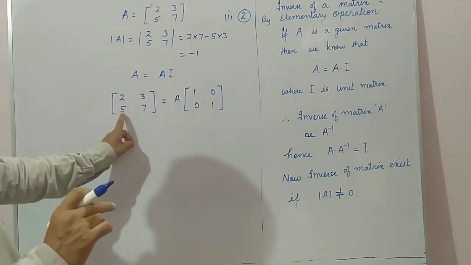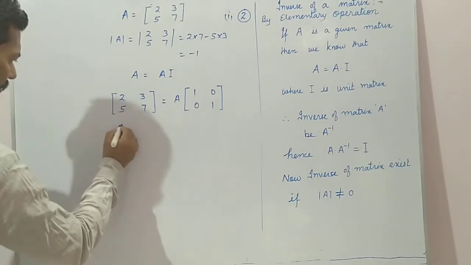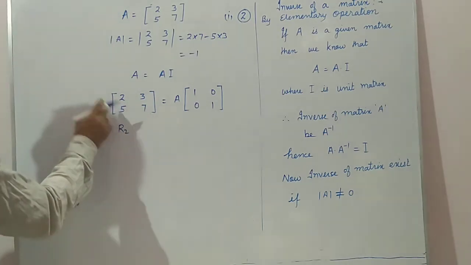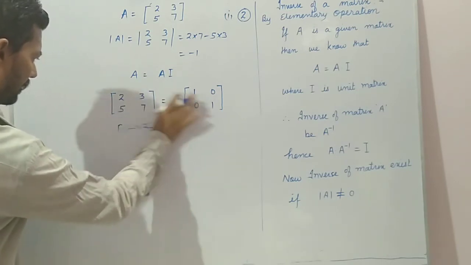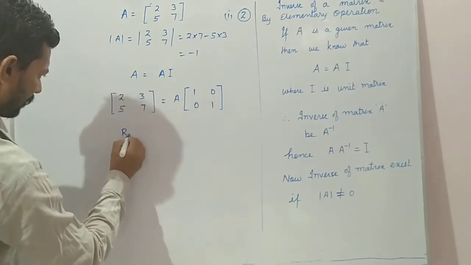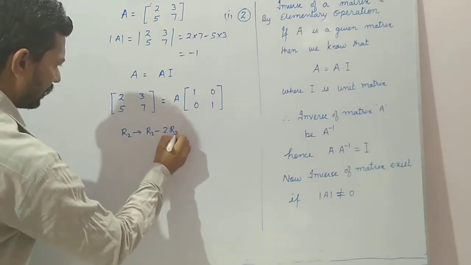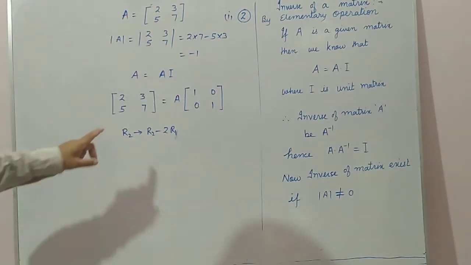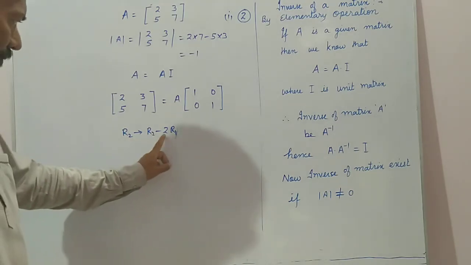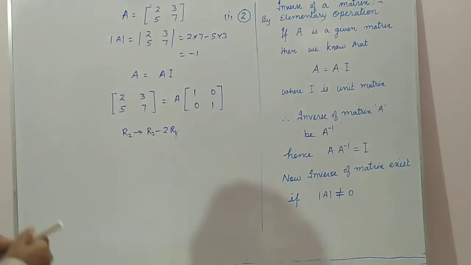So first of all, we will reduce these numbers. Now you see here, in row 2 it is 5. So row 2 changes to row 2 minus 2R1, 2 row 1. We are changing row 2 by R2 minus 2R1. So this is 5, and twice of 2 is 4. 5 minus 4, that will be 1.